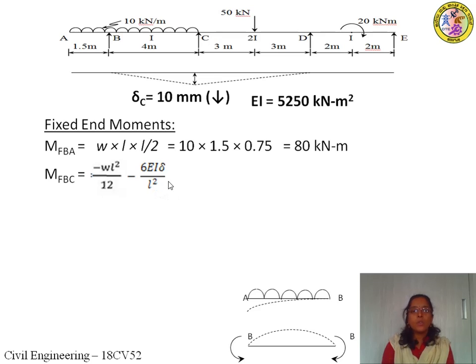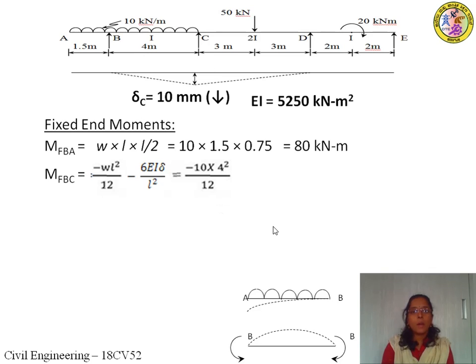So 6 EI, we know the value, we have already converted it. Delta is positive 10 mm, because C is the right end for member BC, and L is the span. So let us substitute the values. WL square by 12: W is intensity 10, L is 4 meters, 4 square by 12.